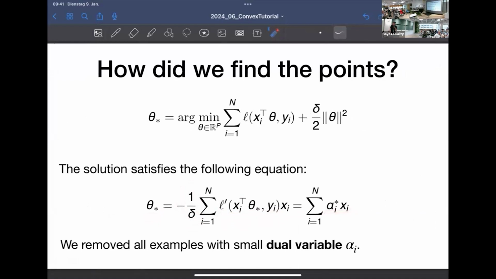And what I simply did is, I removed all the data points where alpha i star almost equals 0. Because we know that these data points don't affect my optimal solution, because I multiply them with 0, so they don't affect my theta star. So I can just remove them and nothing happens to my optimal solution, because the optimal solution is unique.